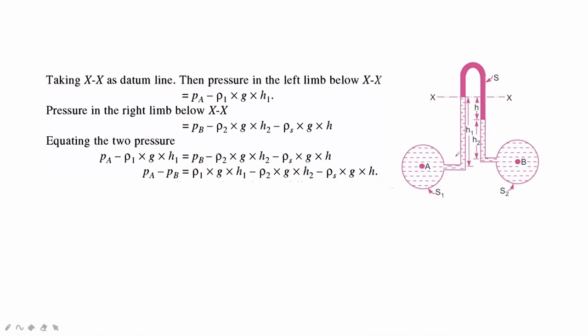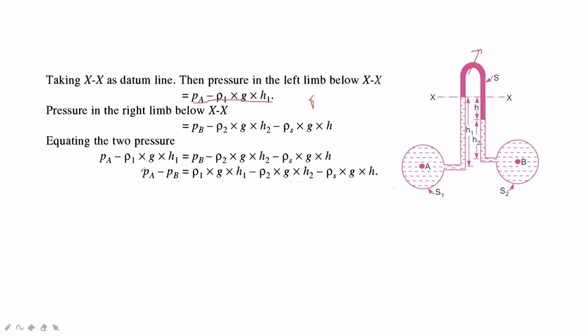See here, taking XX as datum, the pressure in the left limb will be PA minus rho 1 G H1. Why this minus? Because it is going against the gravity, and the liquid is lighter here. The pressure in the right limb will be PB minus rho 2 G H2 minus rho S G H.